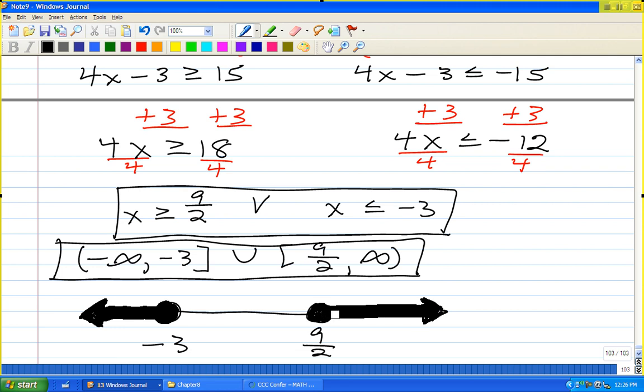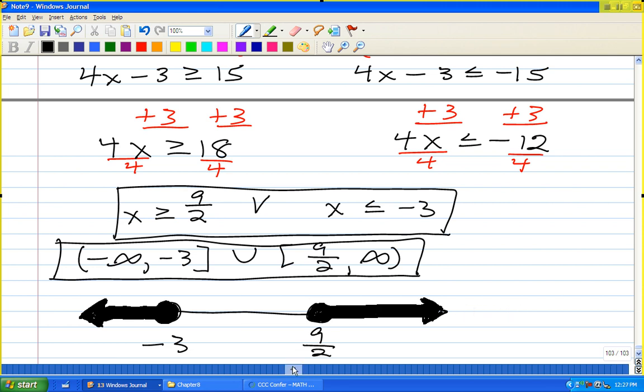That includes 5, 6, 7, 8, 9, 10, all the way out to infinity. And I'm taking x less than or equal to negative 3. That'd be negative 3, negative 4, negative 5, negative 6, negative 7, all the way out to negative infinity. So it goes from negative infinity to negative 3, from 9/2 all the way out to infinity.